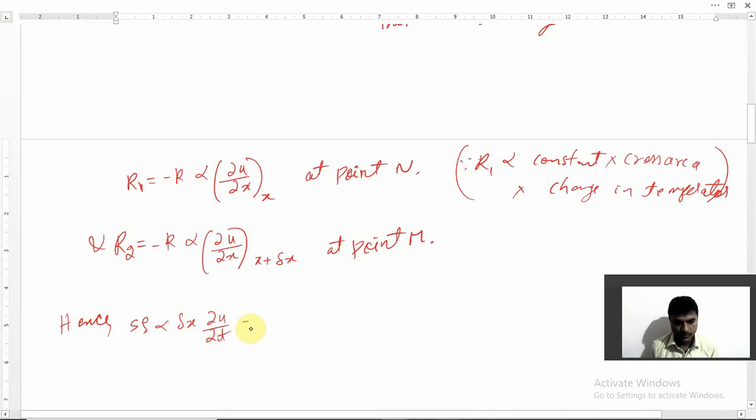So all this will give you R1 minus R2. So R1 minus R2, I'm going to substitute in the above equation.